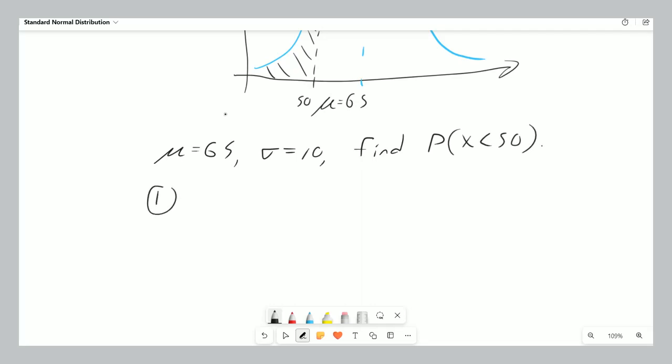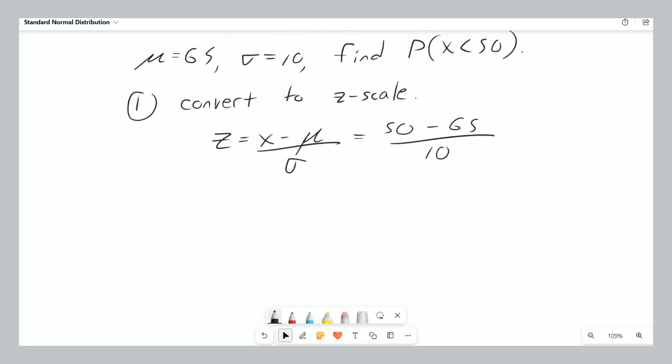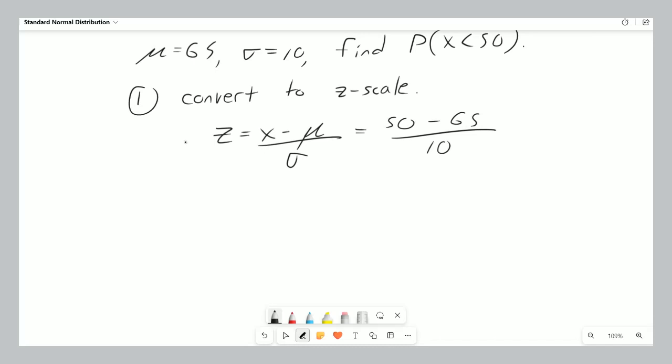So z equals x minus mu divided by sigma. Our cutoff is 50, so that's 50 minus the mean value divided by our standard deviation, which is 10. That gives us negative 15 divided by 10, which is negative 1.50. So we found our z value.